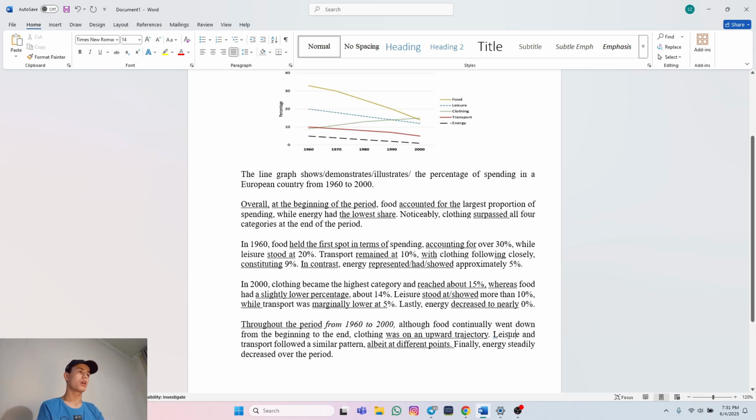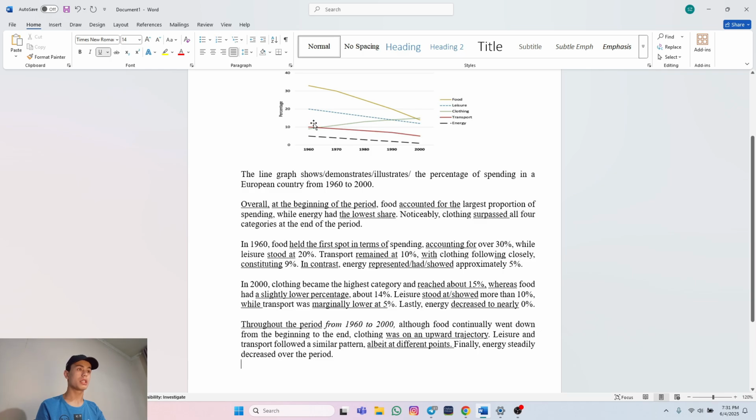Let's see how I describe it. Leisure and transport followed a similar pattern, right? You can see the way they decrease is very similar, like this line and this line. They are almost parallel to each other. So I use followed or had or showed a similar pattern, albeit at different points. This means they have a similar pattern, but different points.